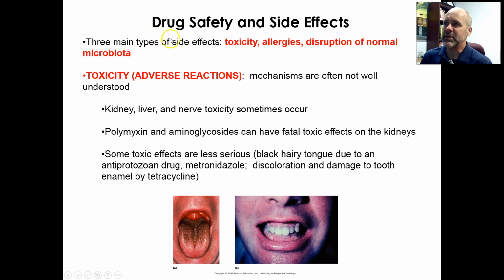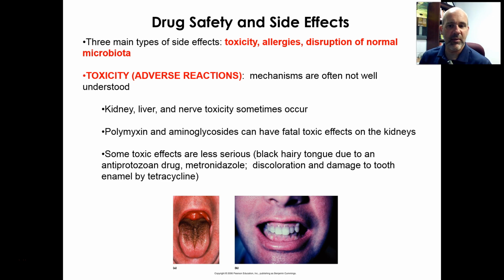All right, so the main types of side effects that can occur with antimicrobial drugs are toxicity. That's where the drug winds up damaging the human body in some way as well, and there are different reasons why that can occur. Now, an allergy is something different. An allergy is where your immune system is reacting inappropriately to the drug.